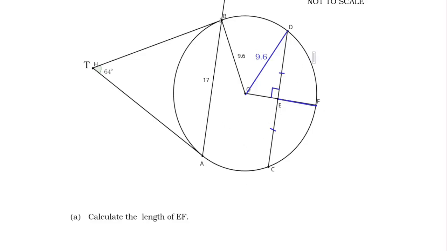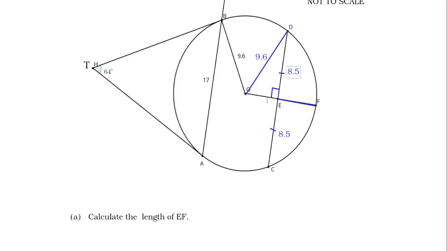And we know that AB and CD are equal, so even this one is 17. If E is the midpoint, then CE is 17 over 2, which is 8.5. Similarly, this one is 8.5.